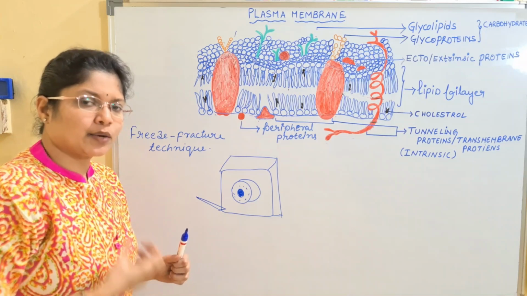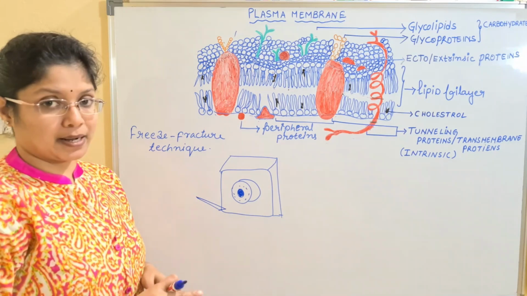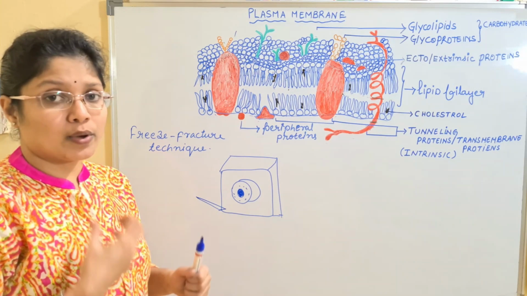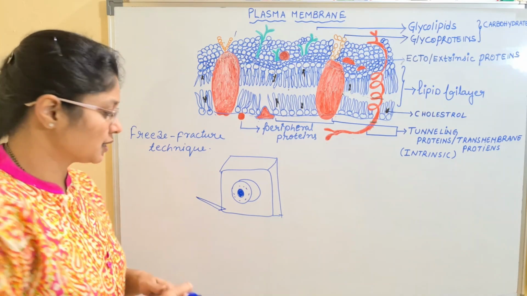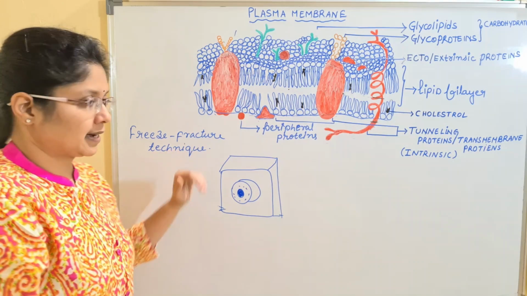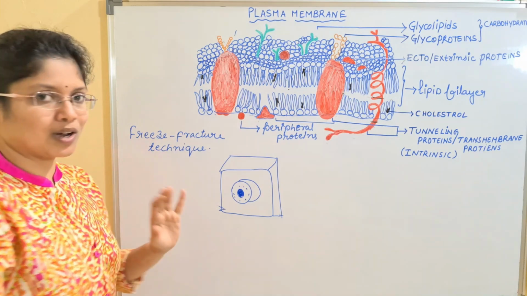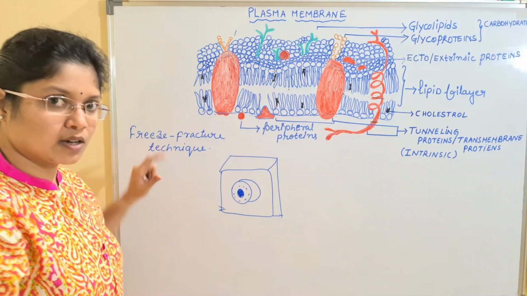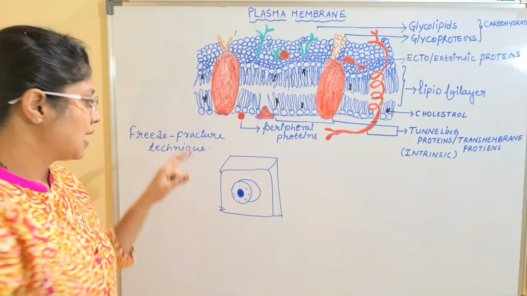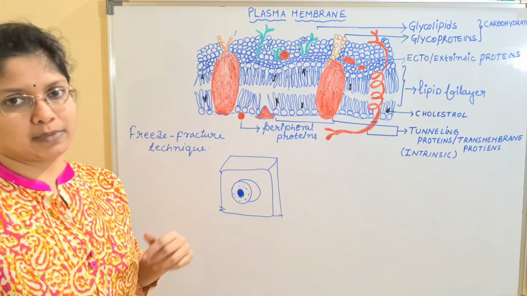In its normal state, we cannot fracture this membrane, but when it is crystallized, when it is solidified, we can fracture this membrane. So how is this technique employed? In this freeze fracture technique, you have to understand the two terms given here. One is freezing, which means freezing the membrane, and later they will fracture the membrane.